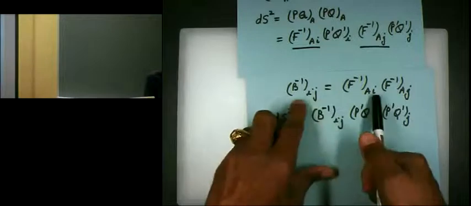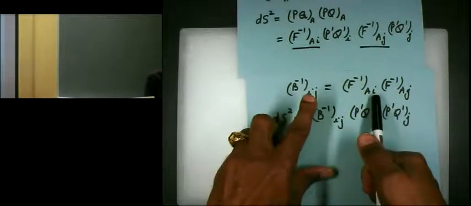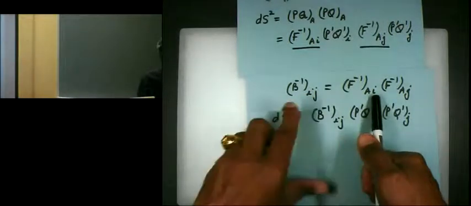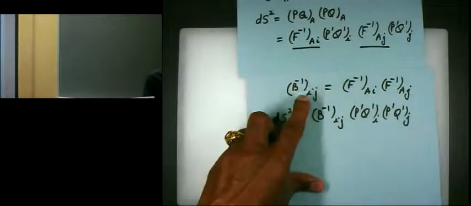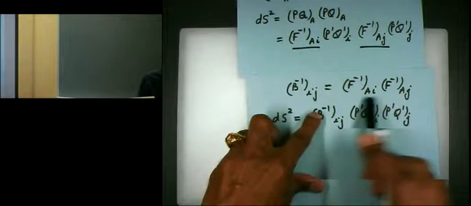I guess to answer your question, generally speaking, the first free index on the right side is i, so I'm writing the first free index on the left side as i. A is summed, so A is not a free index. There are two A's on the right hand side.